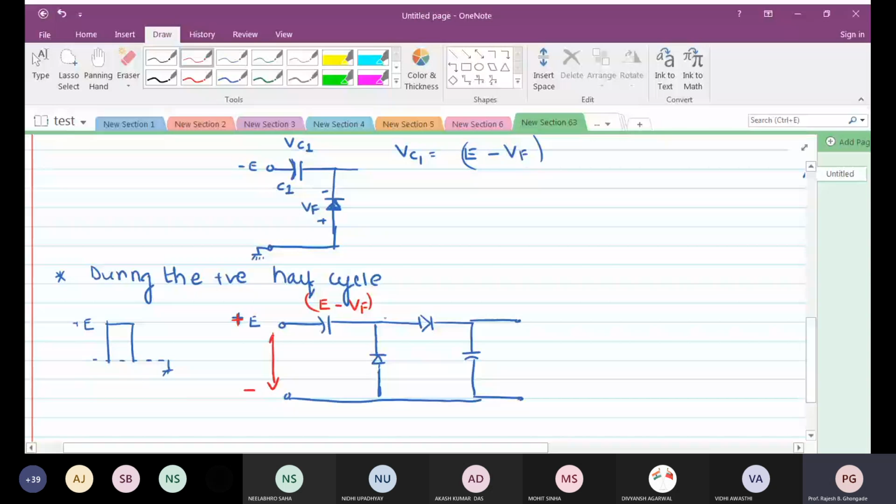So what will be the voltage at this node? Call this node A. Remember the polarity of the capacitor is like this. So what will be the voltage at point A?